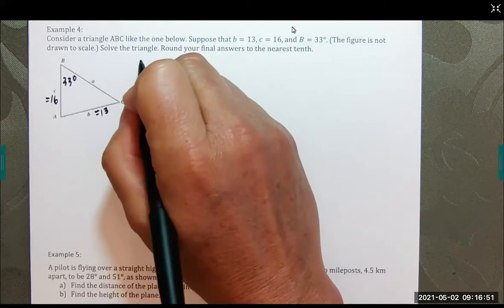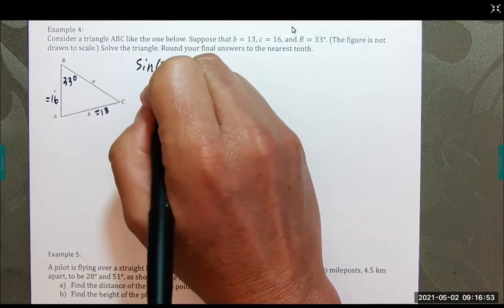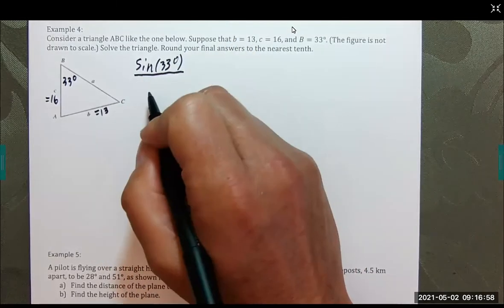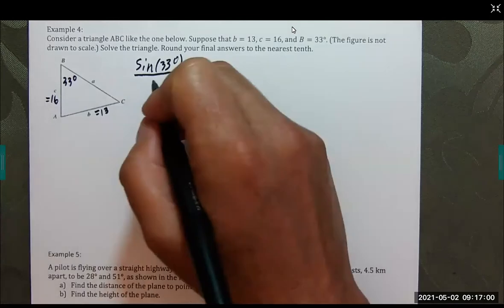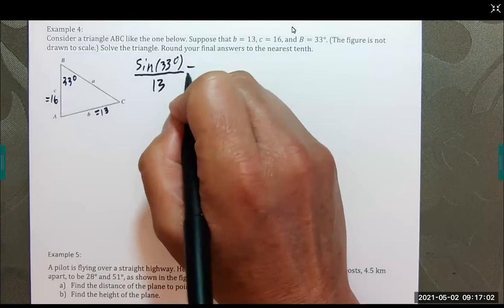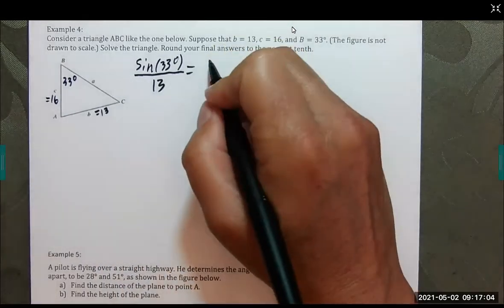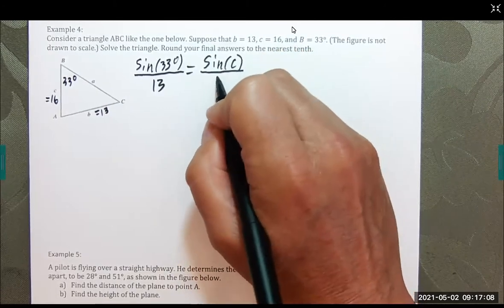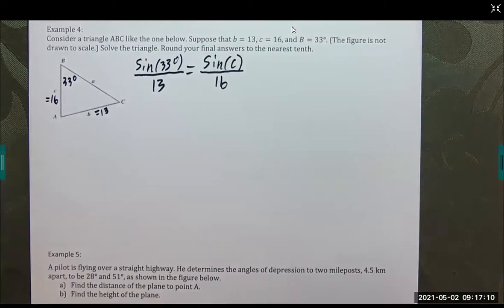So let's do the sine of 33 degrees over 13, and I'm going to do the sine of angle C over 16. Cross multiply, divide.